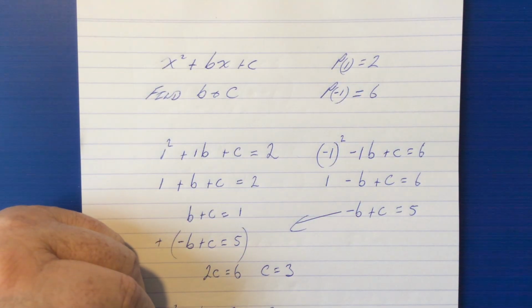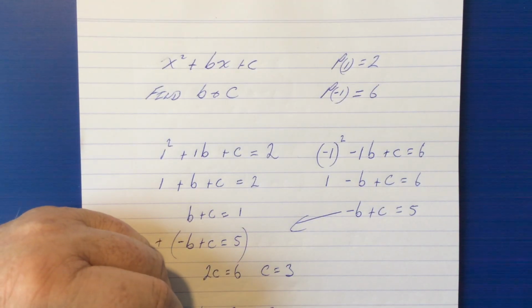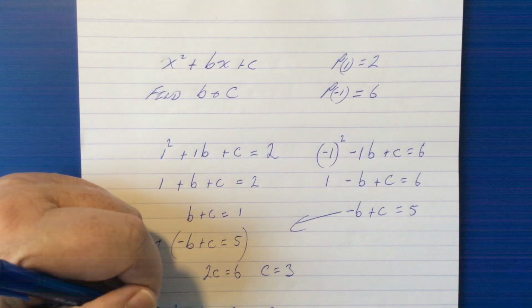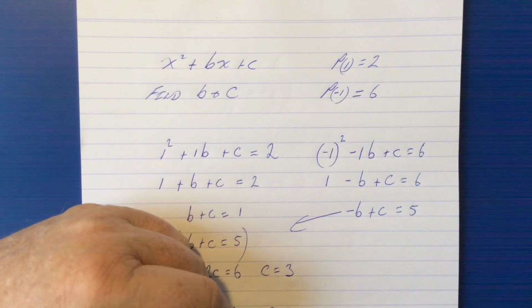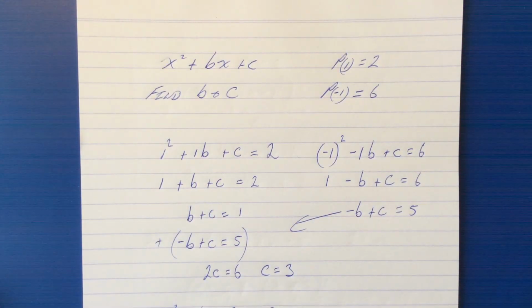Right. So b is equal to 2 minus 4. B is equal to negative 2.